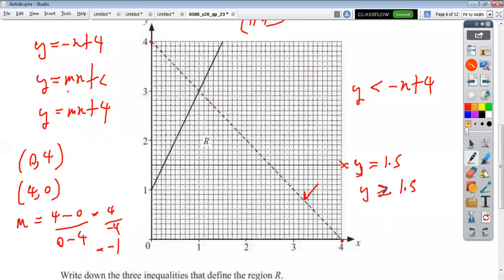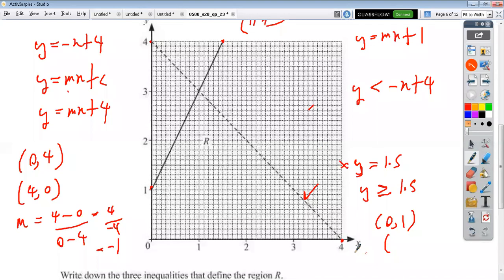Now, this one is a positive gradient. We are going to do the same. So it's cutting at 1. It means y is equal to mx plus 1. Let's find the gradient. Pick this point here. What's the point? It's 0, 1. Pick this point here, points that are easy to read.